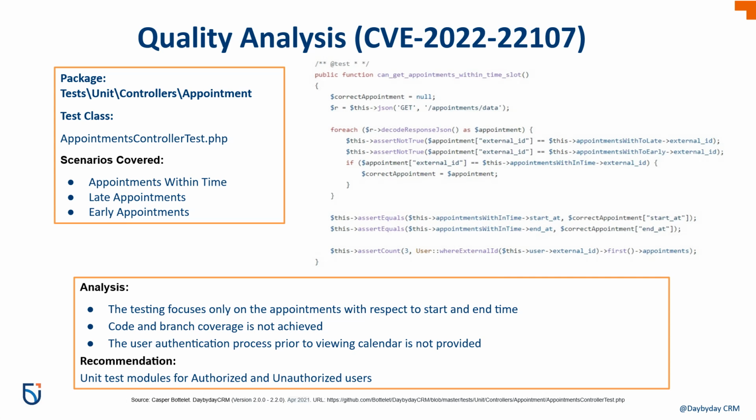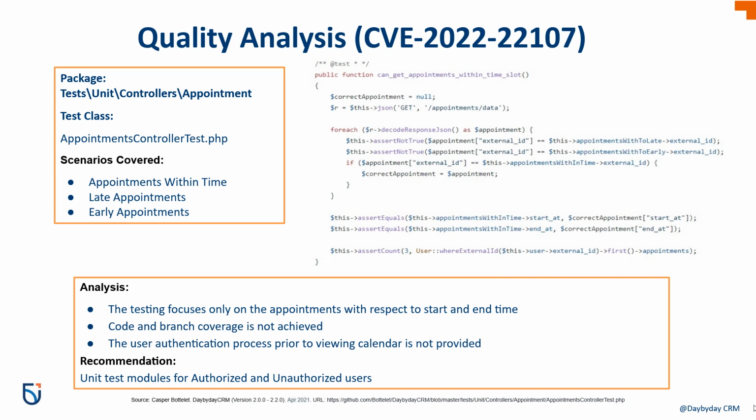For quality analysis, we're going to look at the tests which were performed to address this vulnerability. So we looked into the test class AppointmentControllerTest under test unit controllers in the appointment package. From our analysis, we saw that they covered basically three scenarios: whether an appointment can be made within time, or whether a late or an early appointment can be made. In our analysis, we found that the testing only focuses on the appointments with respect to start and end time, nothing else.